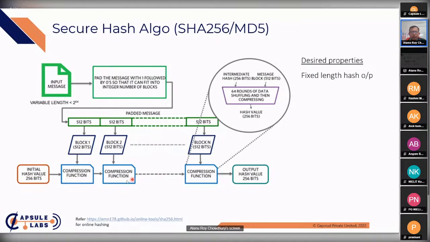So I want every output to be consistently 256 bits. It's deterministic, as in I know this hashing algorithm, so for a given set of inputs, the output is always going to be deterministic, right?